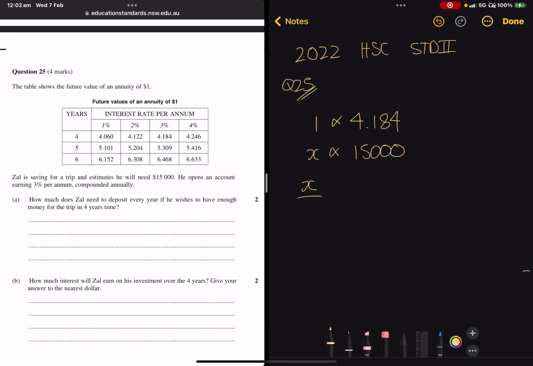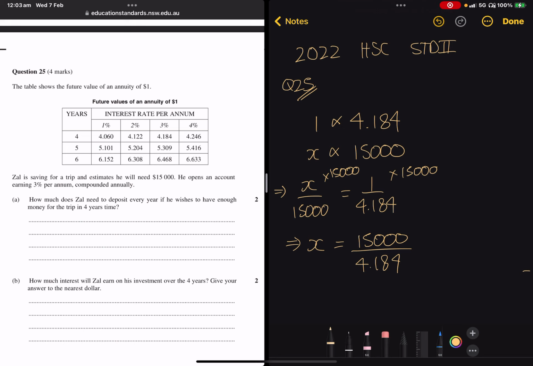So X on 15,000 is equal to 1 on 4.184. If we multiply both sides by 15,000, this gives us the amount he needs to deposit each year is equal to 15,000 divided by 4.184.